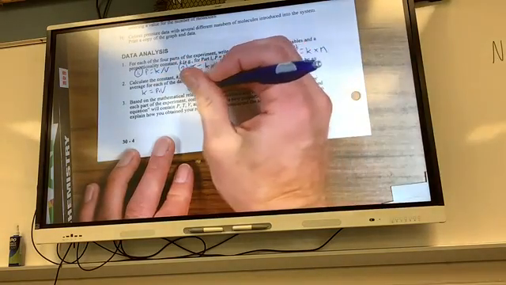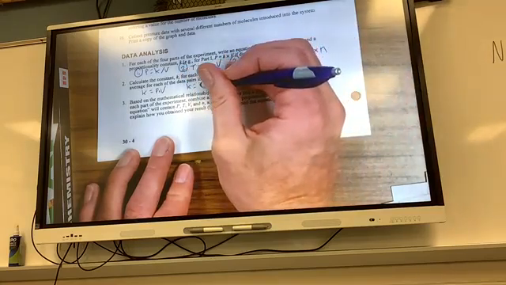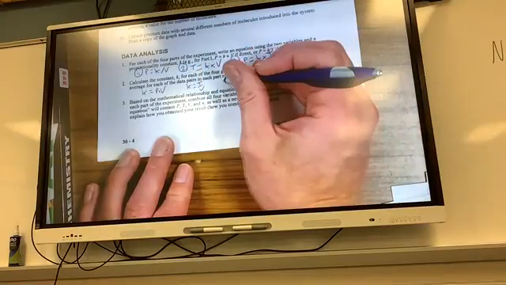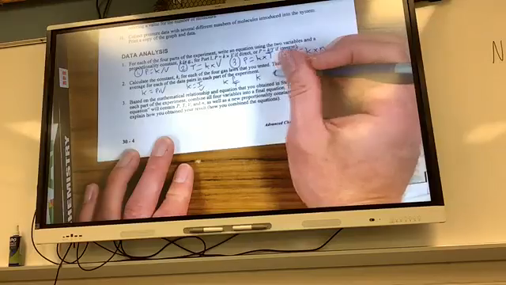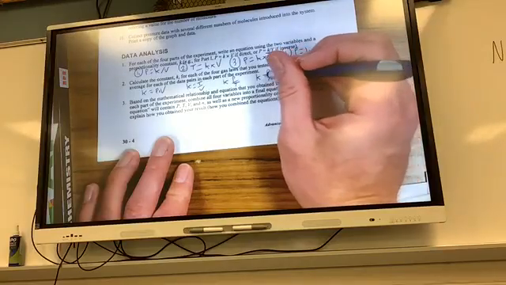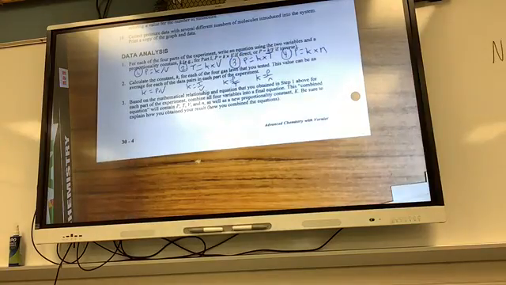This one, K would equal T over V. This one, K would equal P over T. And this one, K would equal P over N. Do those look familiar? Those should look familiar.